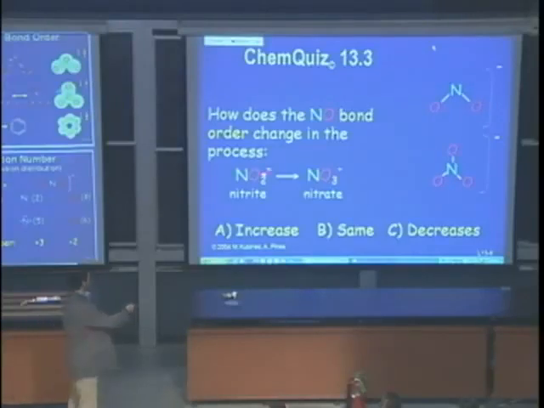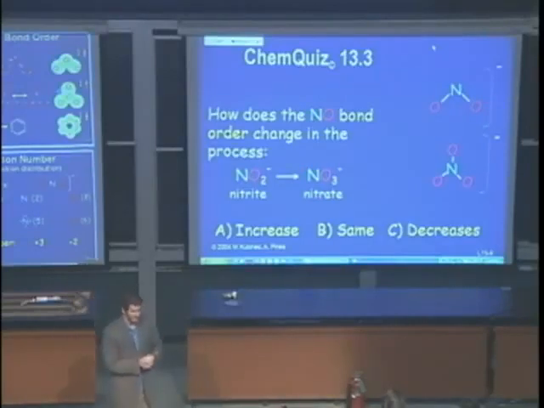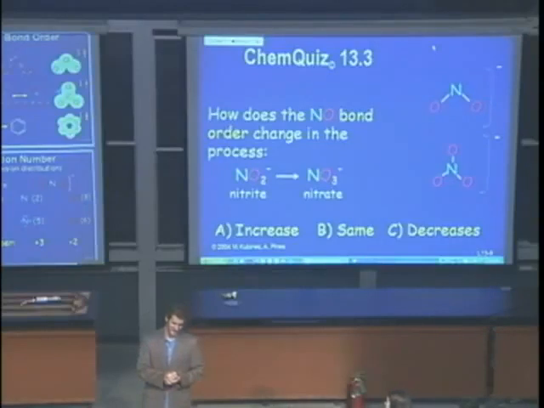How many electrons does NO2 minus have? 18. And it's in this shape. What did we see with 18 that has that shape? What about NO3 minus? How many electrons do I have there? I would have 6 times 3, which is 18, plus 1, which is 19, plus 5 from nitrogen gets me to 24.